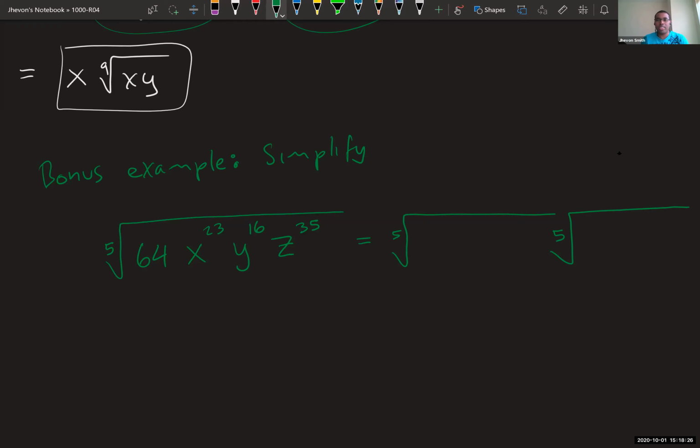Go through one factor at a time. 64. How would you split 64 into two things, where you multiply them, you get 64, but one of those things you can take the fifth root of?